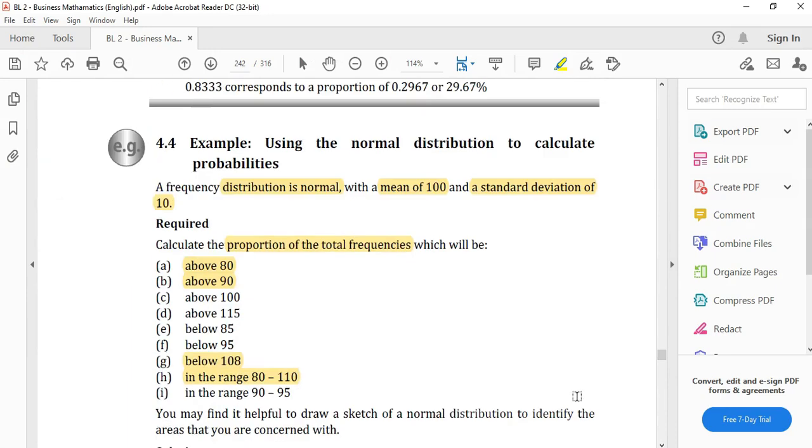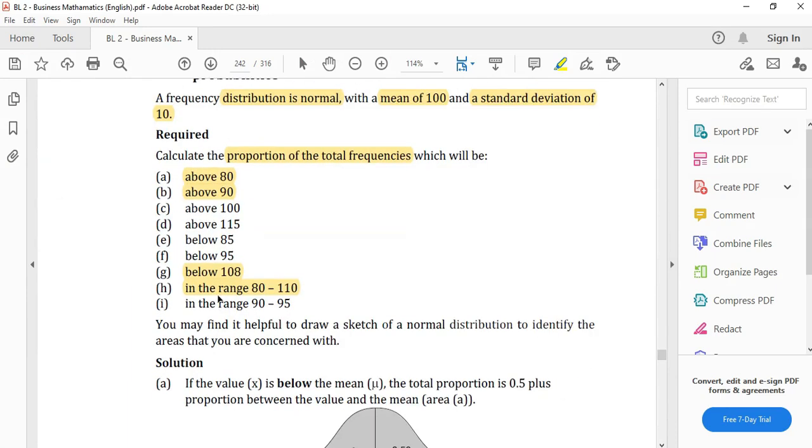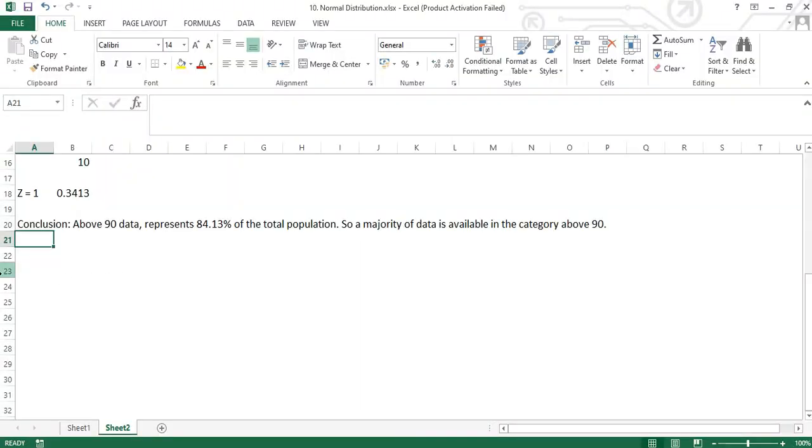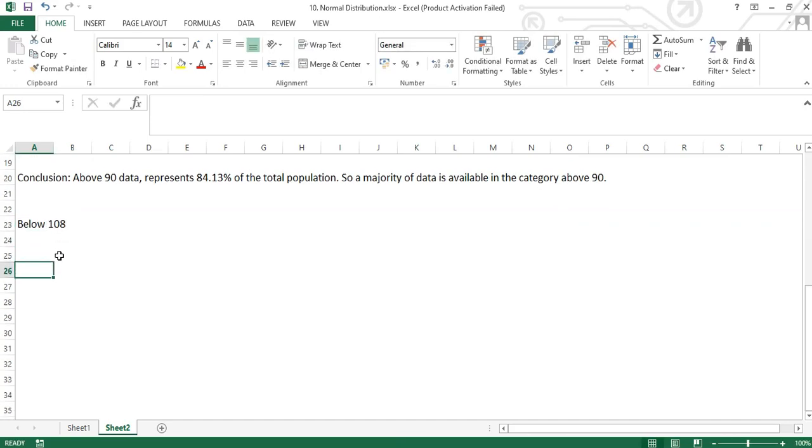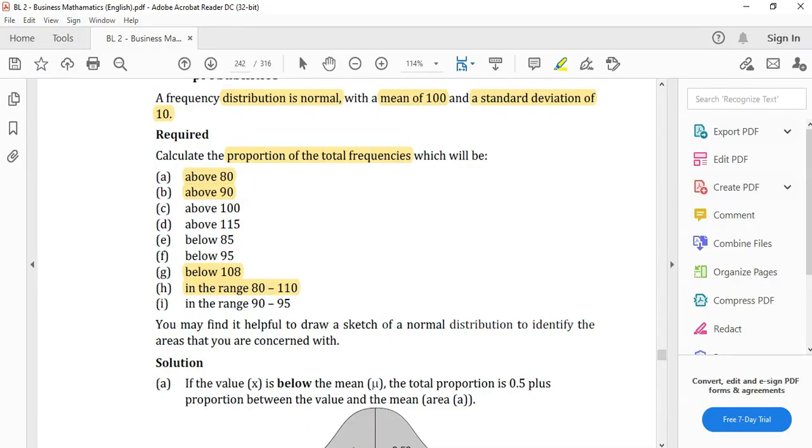Below 108. Below 108 is easy now, but you have to see where to place your figure.